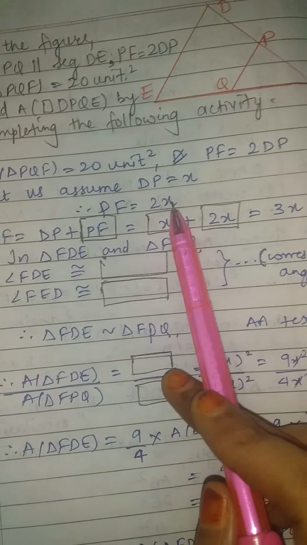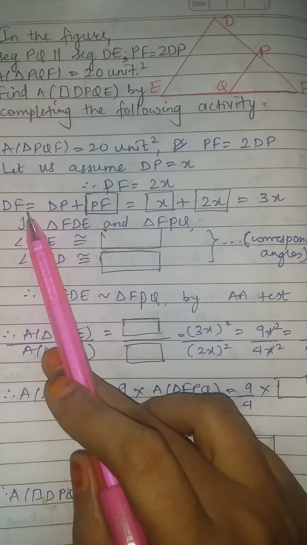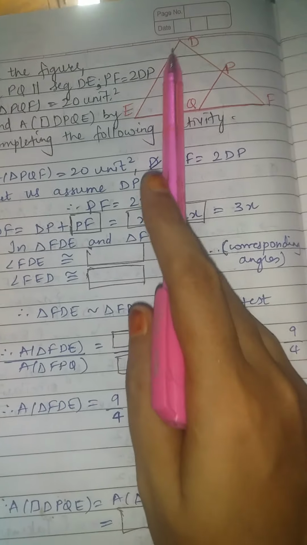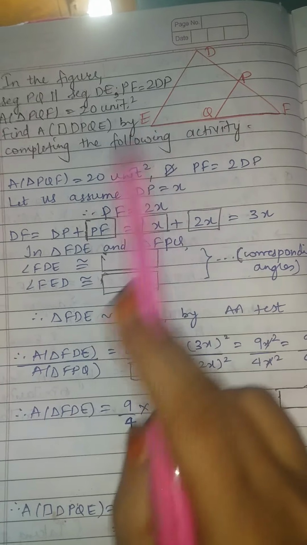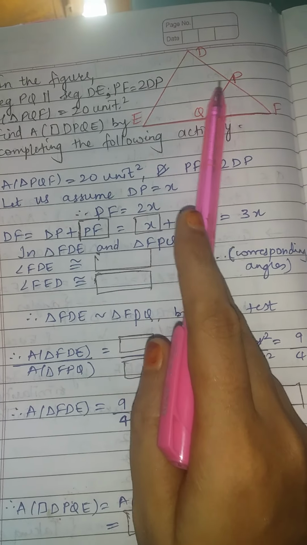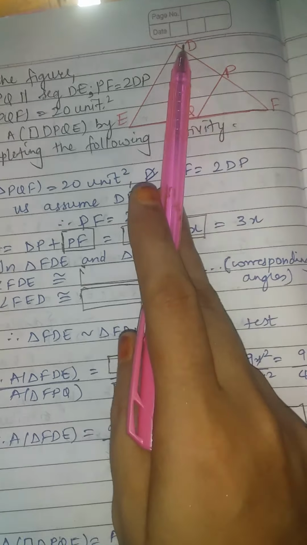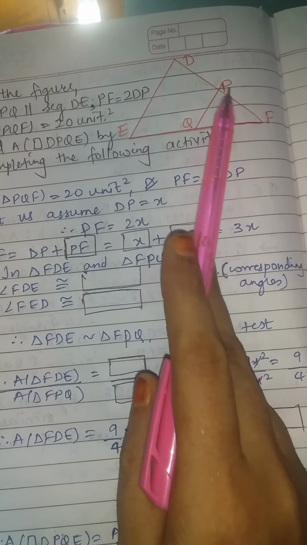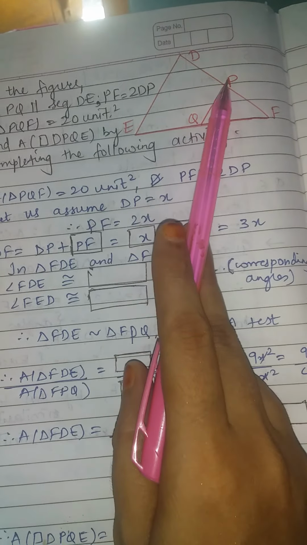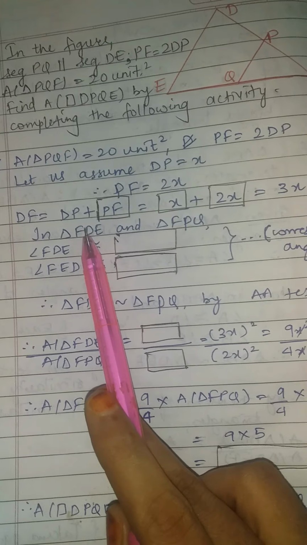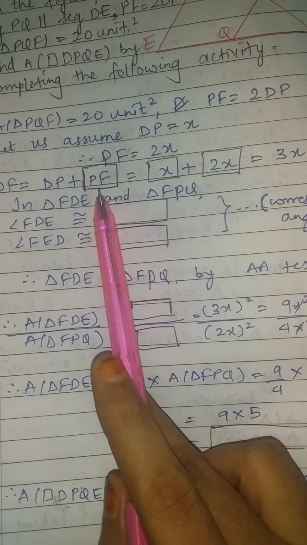Fine. Therefore, proceeding further, this complete DF will be equal to DP plus PF, as per the betweenness condition, D-P-F. So your DF will be equal to DP plus PF. Okay, so in this box, we are going to write PF.